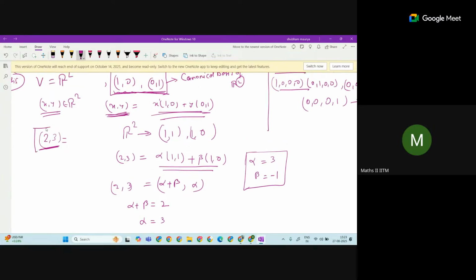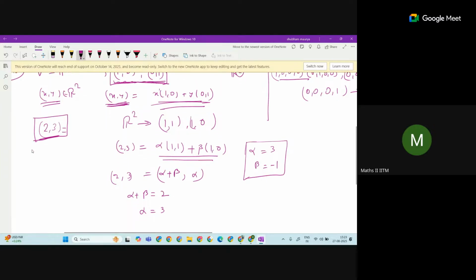This is what the canonical basis is. When a vector is given and it is not specified on which basis it is given, it is understood, or by default you can say, it is given with respect to the canonical basis. Any vector that is given is by default with respect to the canonical basis. But now we want to check this vector with respect to another, different basis.